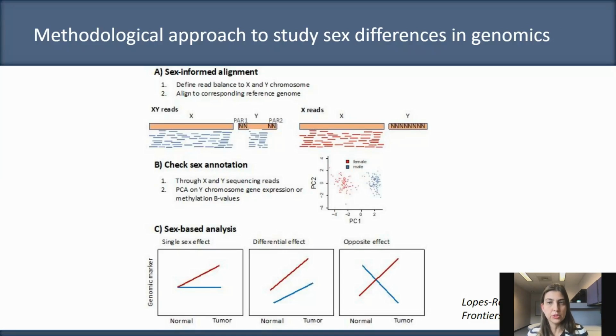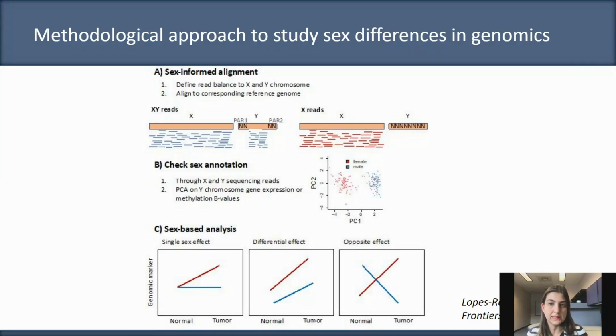So it's important to look for this and remove these misannotations. And this can be fairly easily done if we do a PCA analysis on the Y gene expression. So if we do this, we expect to see two clusters. Males and females would cluster separately because only males express the Y chromosome genes.